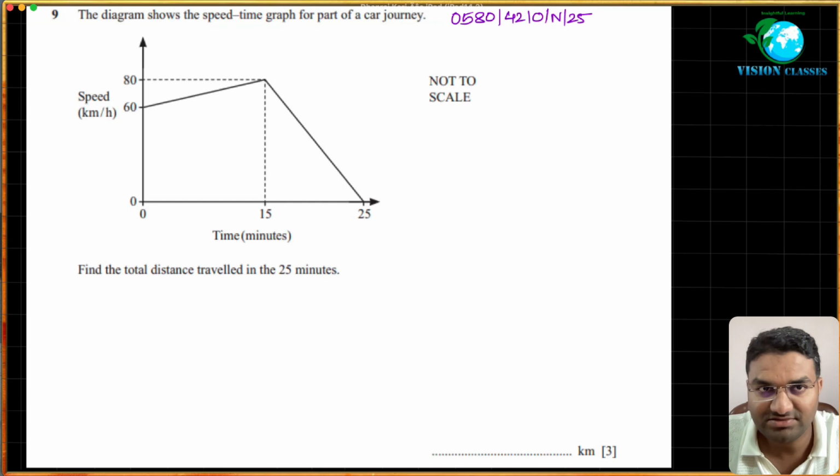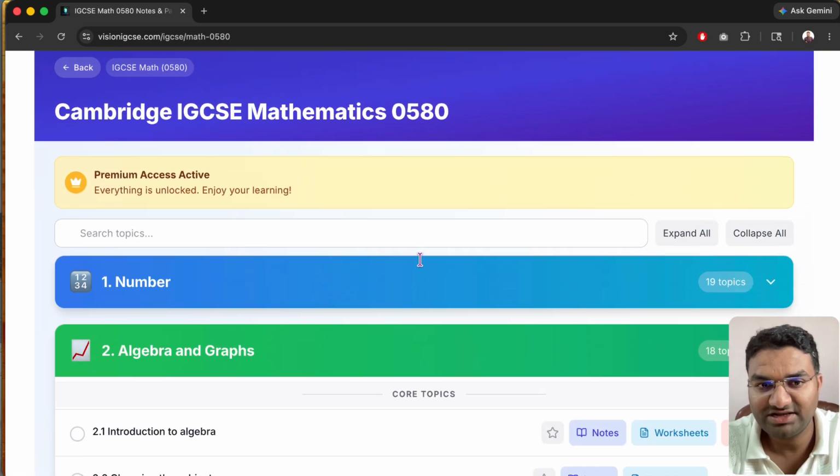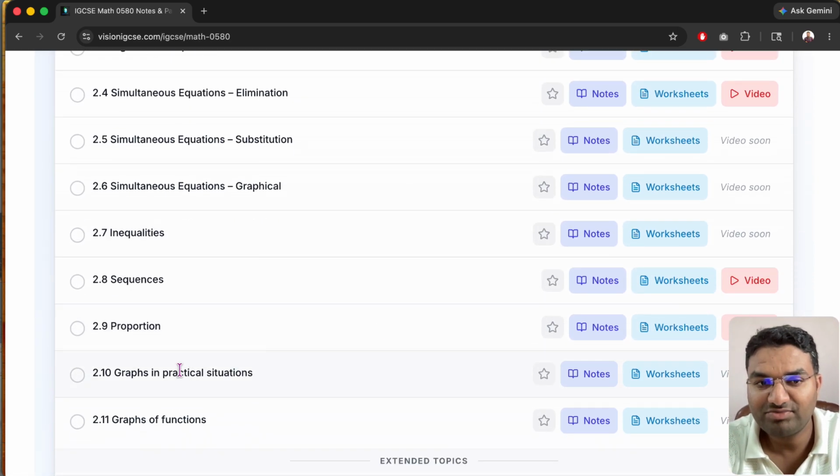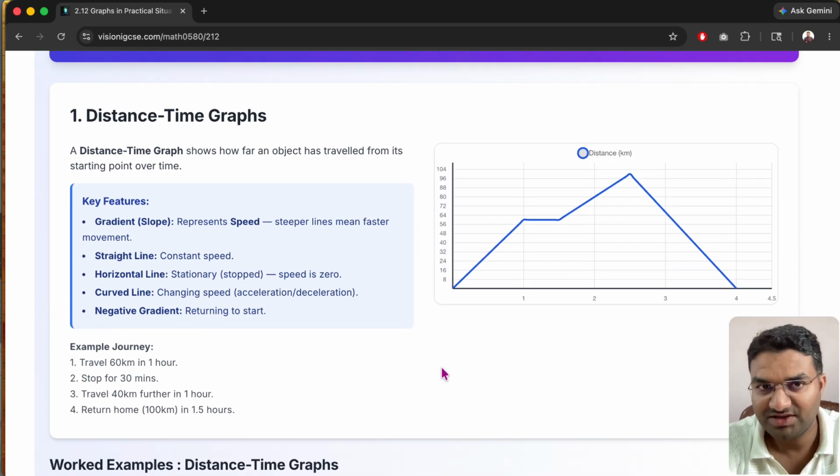So today we have to discuss one of the interesting questions from the October-November 2025 question paper. If you look at your syllabus, you have one topic in IGCSE mathematics, graphs in practical situations. In this topic, you have to go through distance, displacement, area under the curve, and distance traveled by an object.